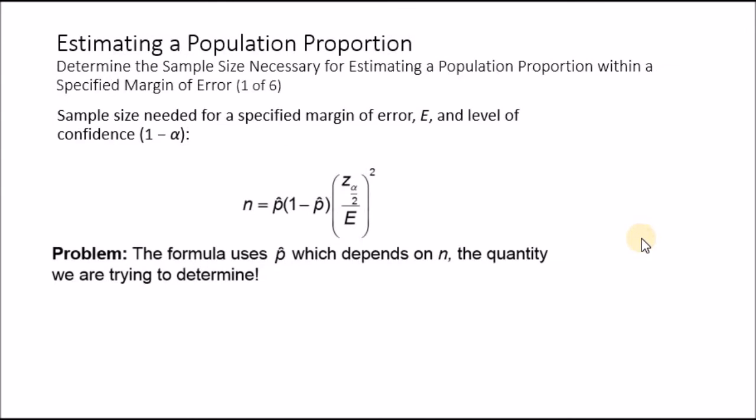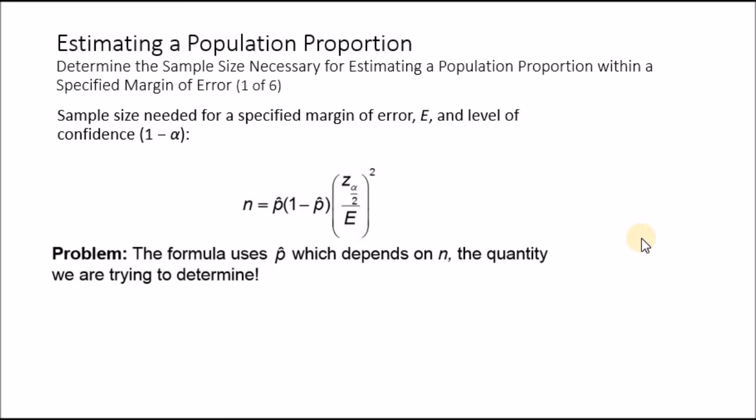The sample size needed for a specific margin of error, E, and a level of confidence 1 minus alpha. The sample size formula is given by n is equal to the sample proportion times 1 minus the sample proportion times Z sub alpha divided by E, the margin of error, all squared.